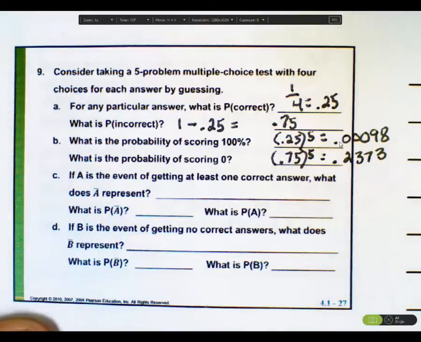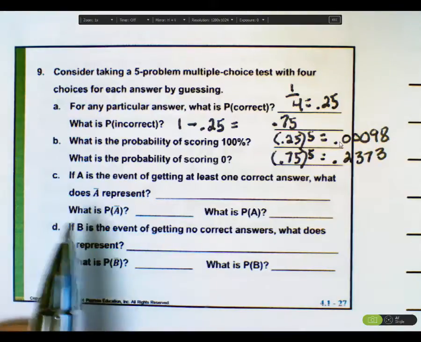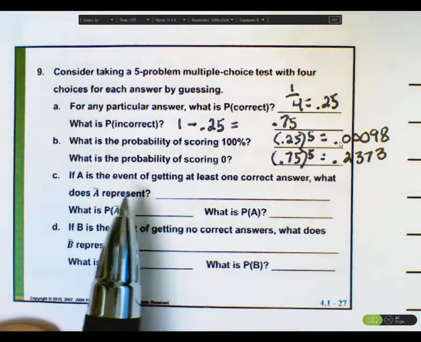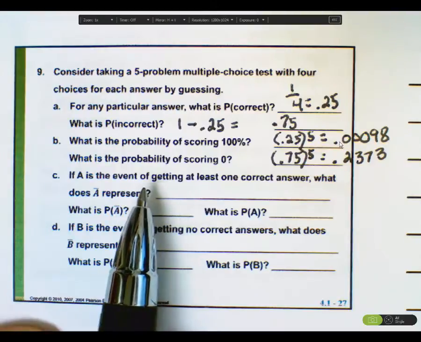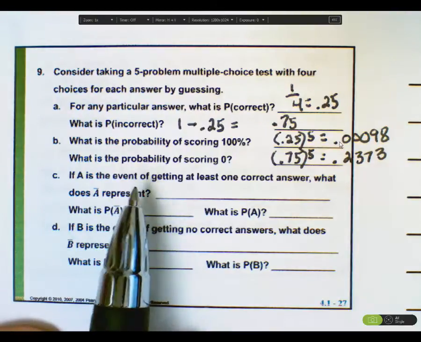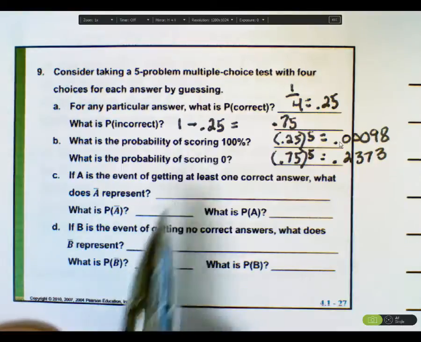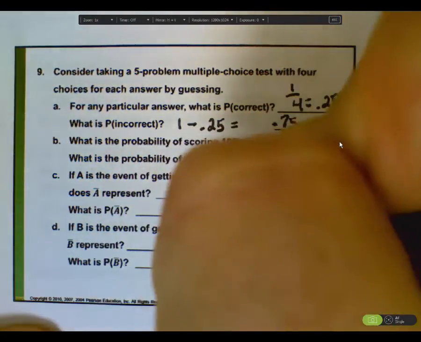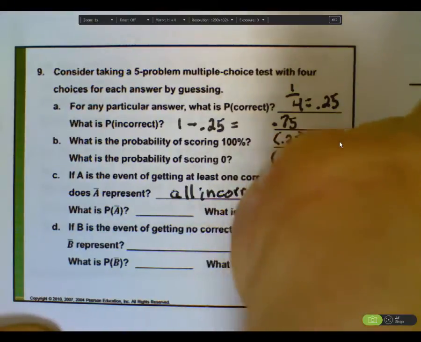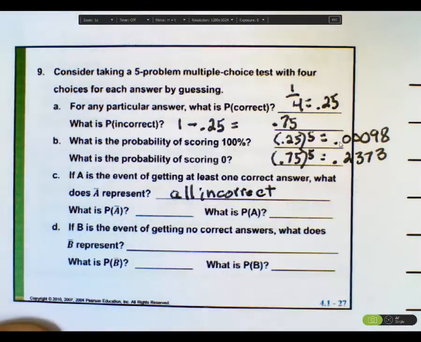If A is the event of getting at least one correct answer, what is a complement? What would be the complement of getting at least one right? Everything that doesn't include at least one right would mean that they were all incorrect. If I didn't get at least one correct, then I missed them all.